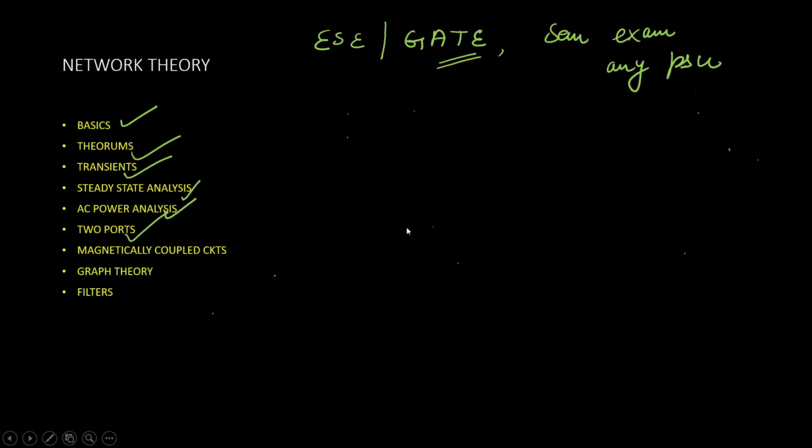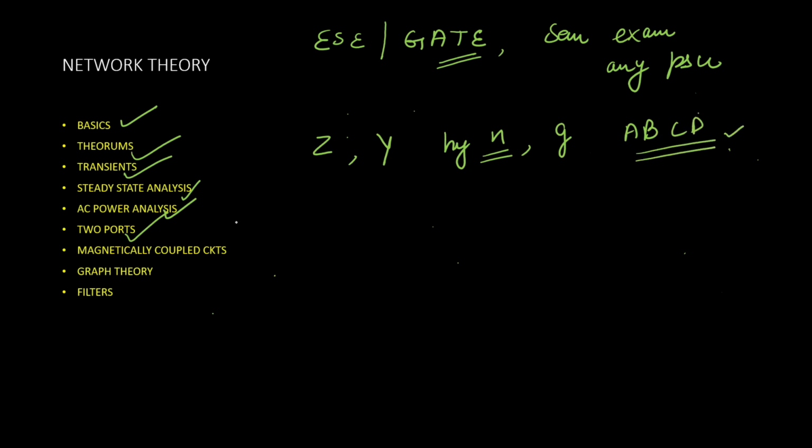Then we will learn about two ports: what is impedance parameter, admittance parameter, hybrid parameter, which is also known as H parameter, inverse hybrid parameter, transmission parameter, or you can say transmission line ABCD parameters and inverse ABCD parameters, the interrelationship between the various kinds of network parameters, and Bartlett's bisection theorem.